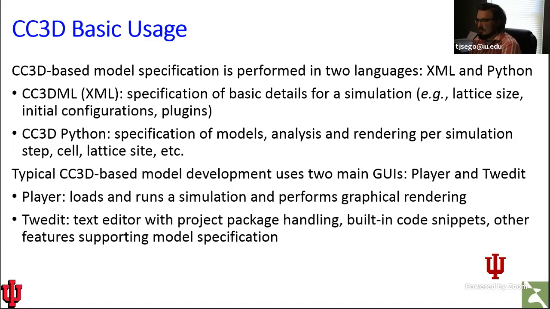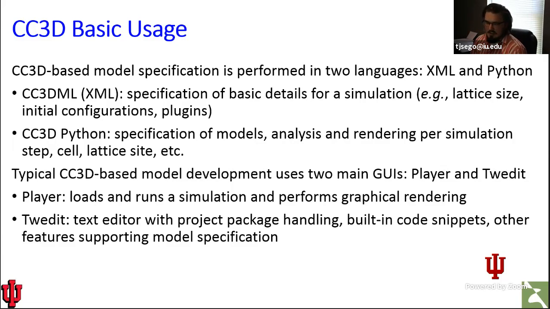Now, while everyone is working through getting their version of CC3D running, we'll do a quick overview of how model specification is done in CompuCell3D. CC3D-based model specification is done primarily in two different languages. The first is what we call CC3DML, which is XML. In XML scripts, this is where we do basic specification and simulation details.